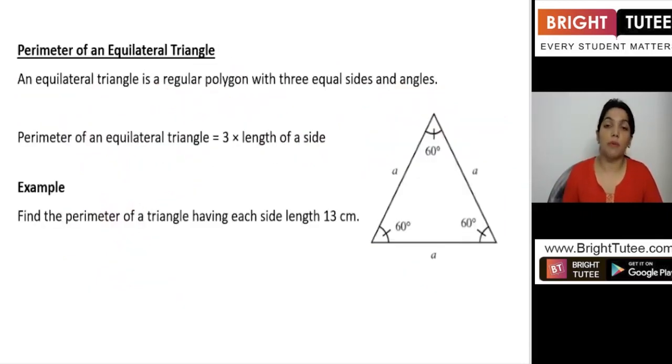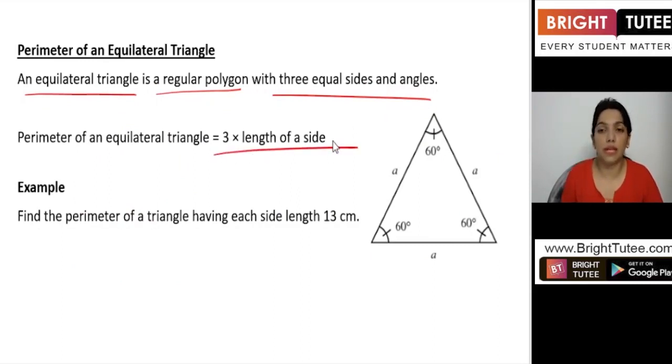Here we are going to talk about an equilateral triangle. I hope you know that an equilateral triangle is a regular polygon with all 3 sides and angles equal. So if all the 3 sides are equal, the formula of perimeter will be 3 times the length of a side. So let us see the example. It says find the perimeter of a triangle having each side of length 13 centimeters. So how can we do this?